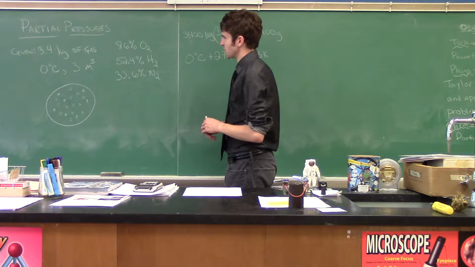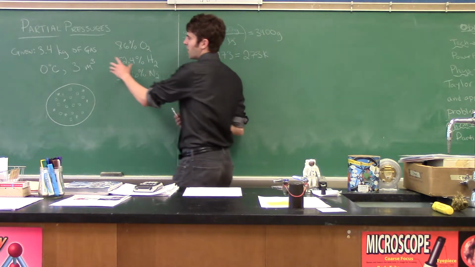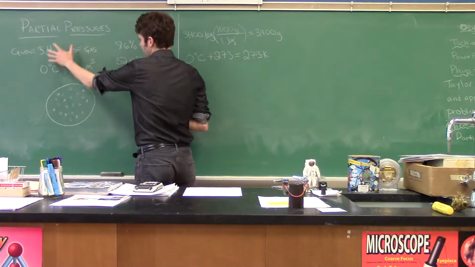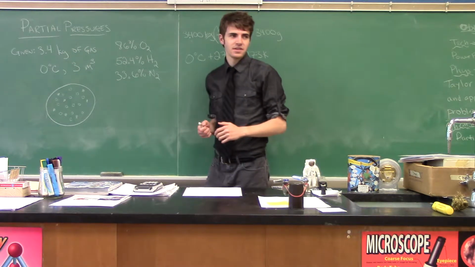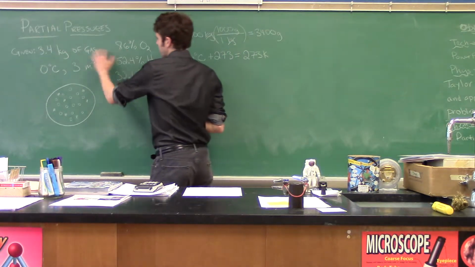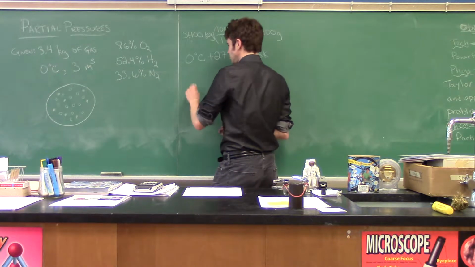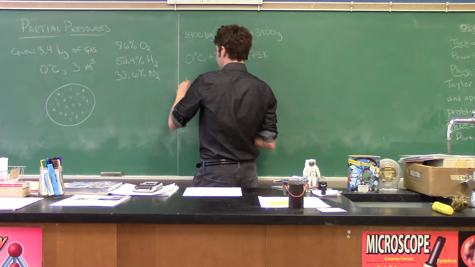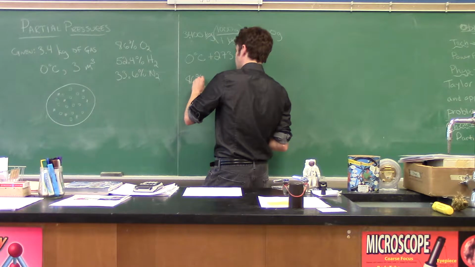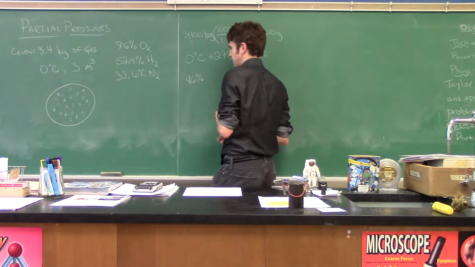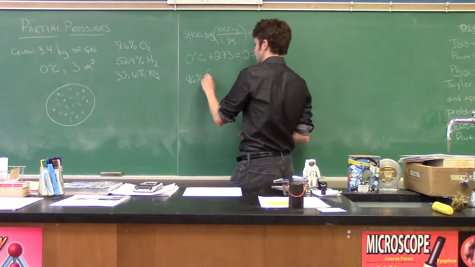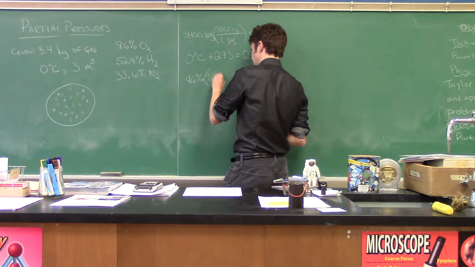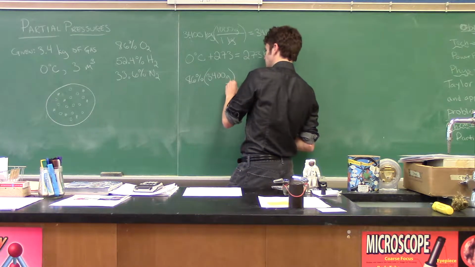Our first step then is we need to know what mass of this total is contributed by oxygen. So this is where this percent part comes in. So we'll take 86% of our total mass here, which is 3,400 grams.